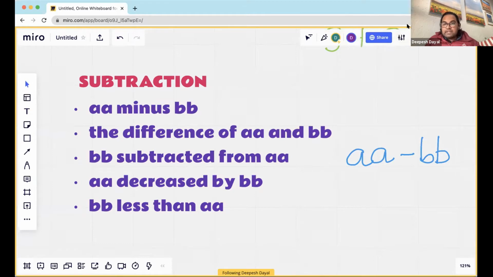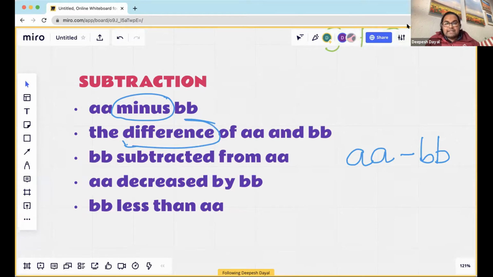And we've got different terms which we use to describe subtraction again now. So the one is A minus B. So that's one of the words we use, minus. Then we also say the difference of A and B. So there's another word that we use, the difference.